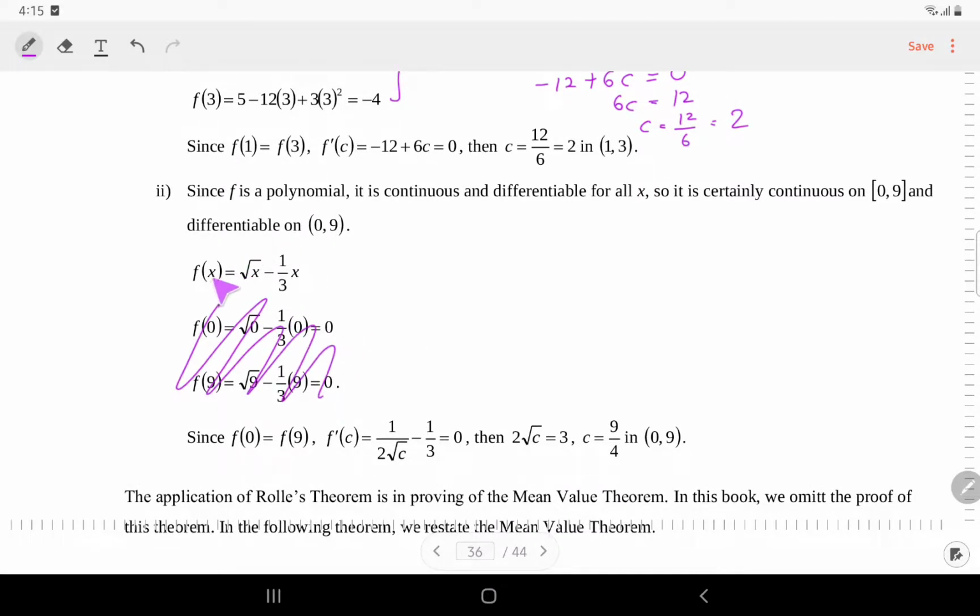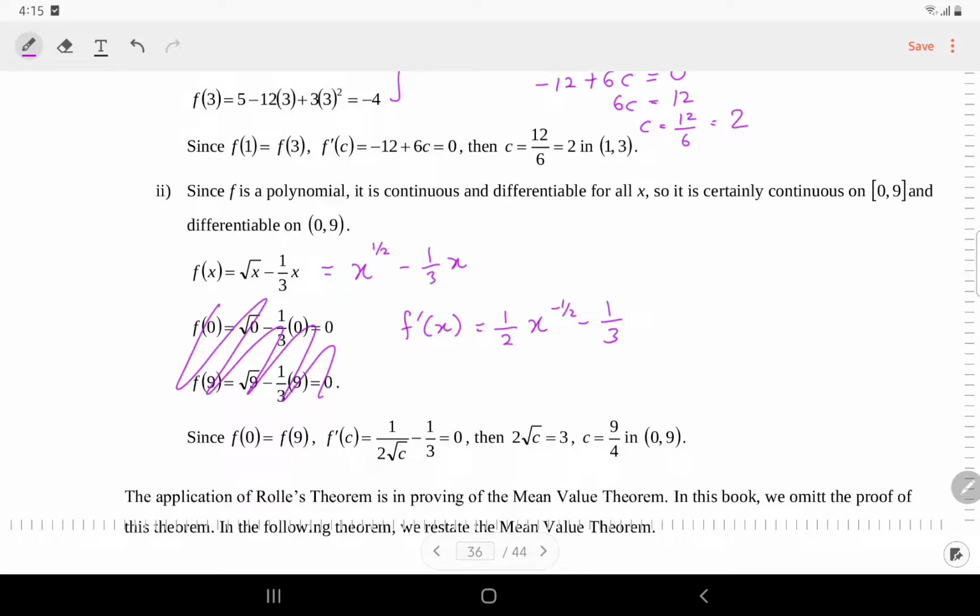Ini tak payah buat. Our f(x) is this, so it is equal to x power of half minus 1 over 3x. When we differentiate this function, we are going to receive this answer.